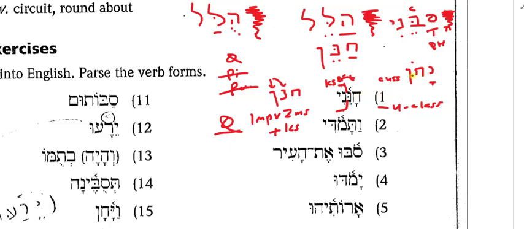All right. If it had been a Qal infinitive construct with a first common singular suffix, wouldn't the vowels have changed the same way?